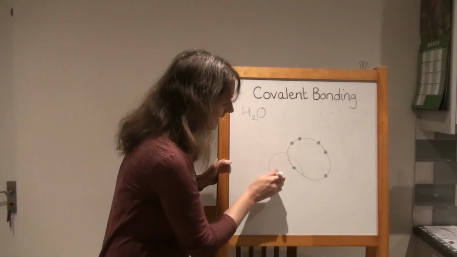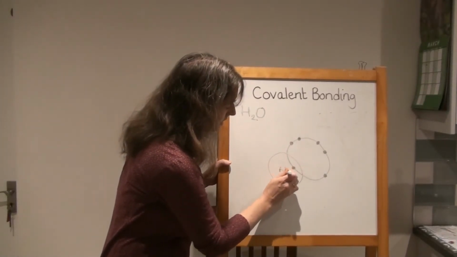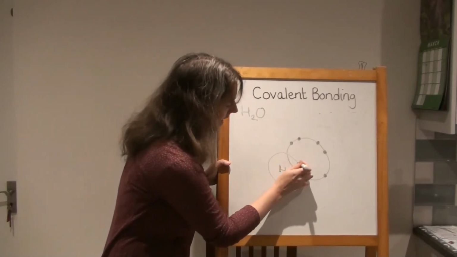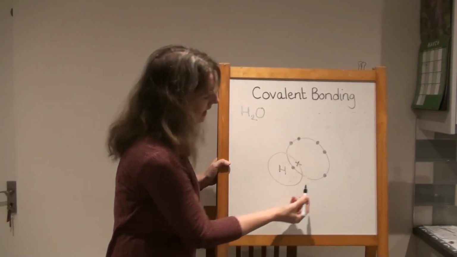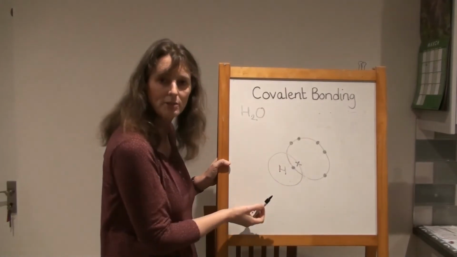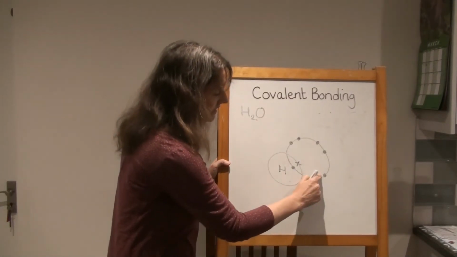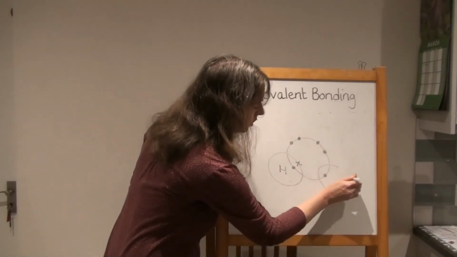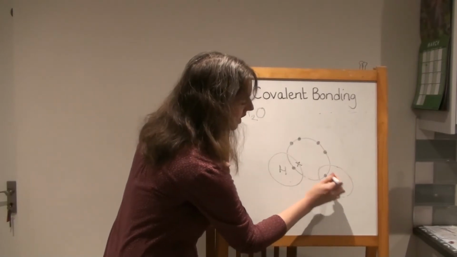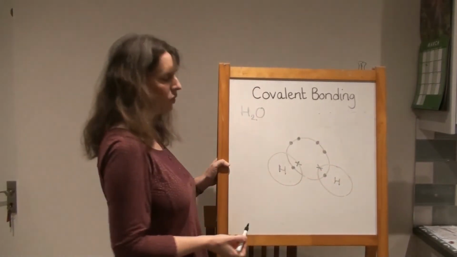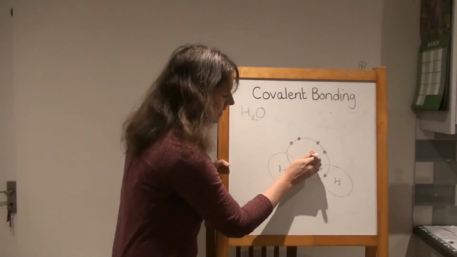So this electron can be shared with a hydrogen, and that hydrogen gives one back in return, so you have a shared pair there. And this electron here also can share with a hydrogen, getting one back in return. This of course is your oxygen.